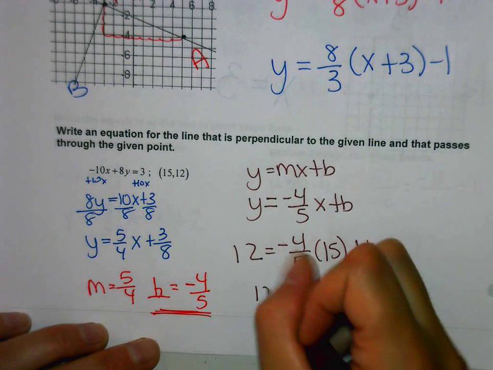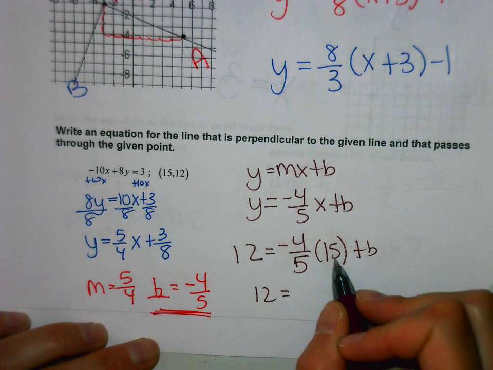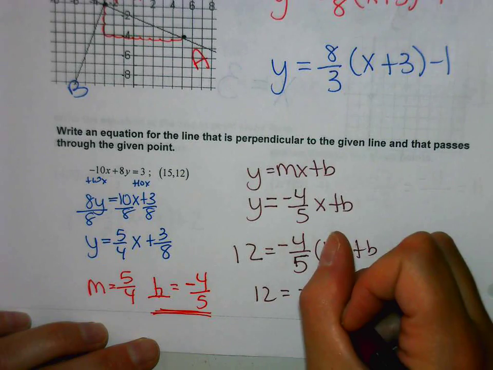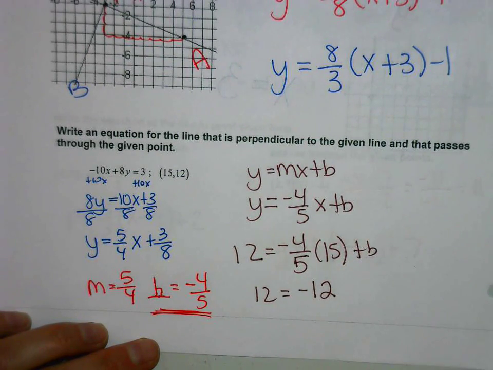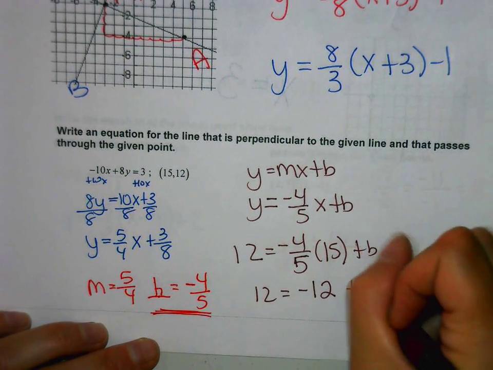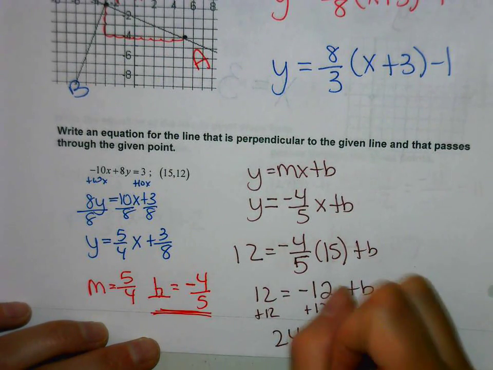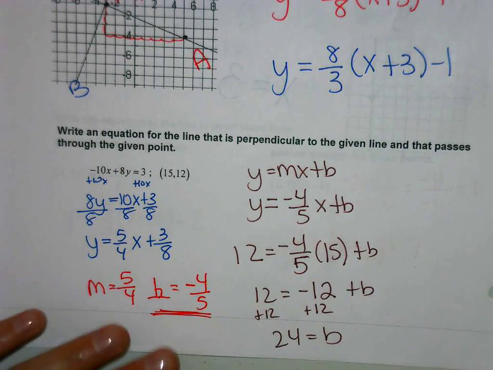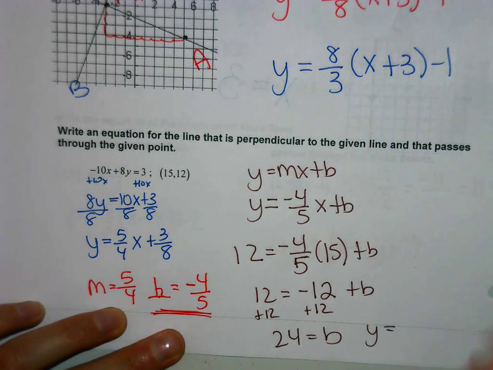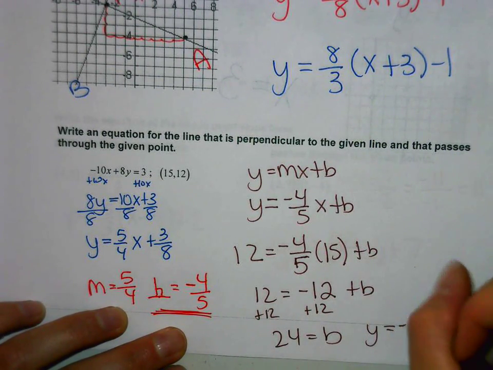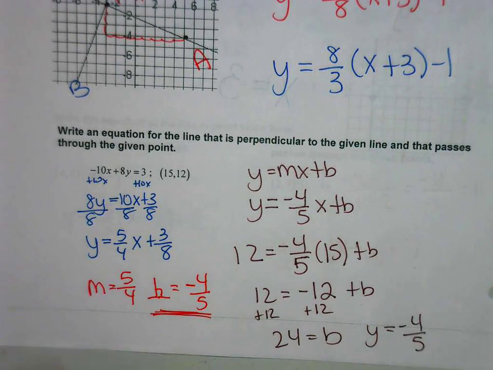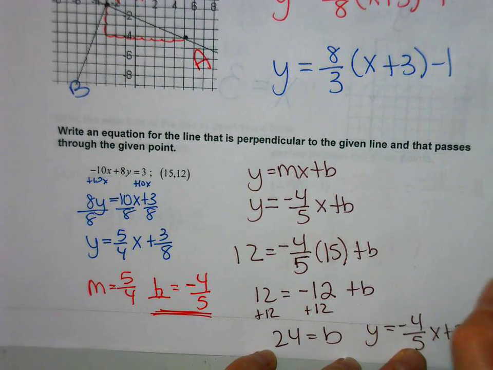So if we take a look at this, 12 equals -4/5 times 15 is -12 plus b. So when we add 12 to both sides, b equals 24. So we have y equals, our opposite reciprocal, which is -4/5 x plus 24.